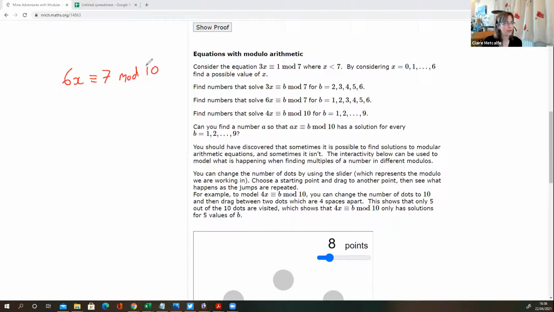And we've had one suggestion that there isn't a solution. Can you explain why there isn't a solution? Yeah, there's some nice explanations.